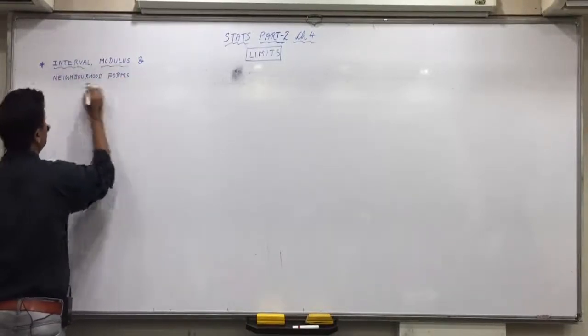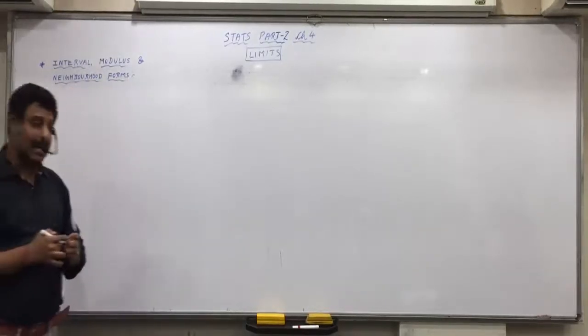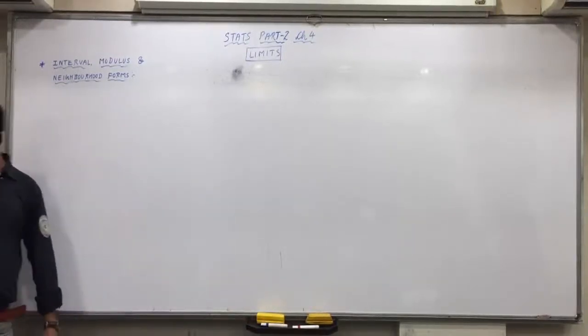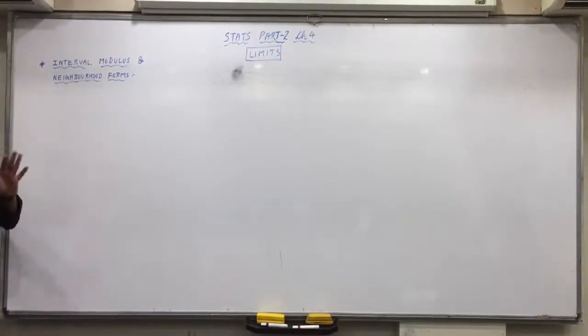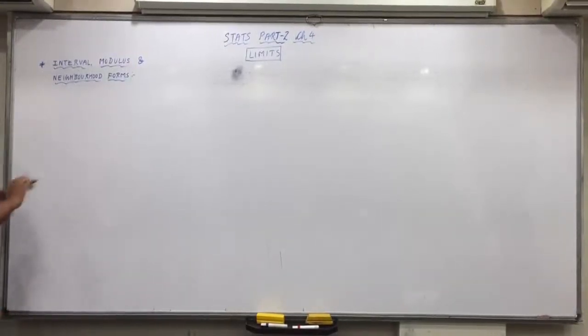Okay, interval form, modulus form and neighborhood forms. These are three different ways of expressing the same information. The meaning of all the three is same, but there are three different ways of expressing the same information.